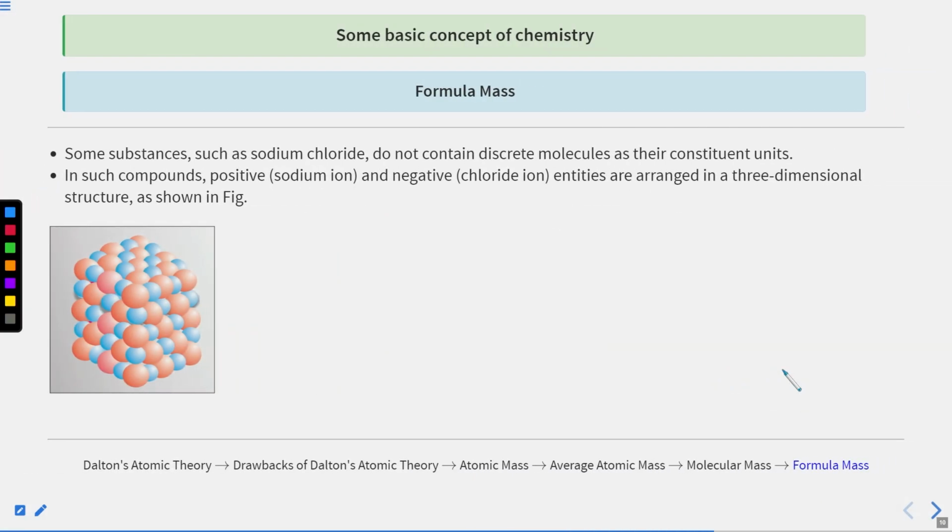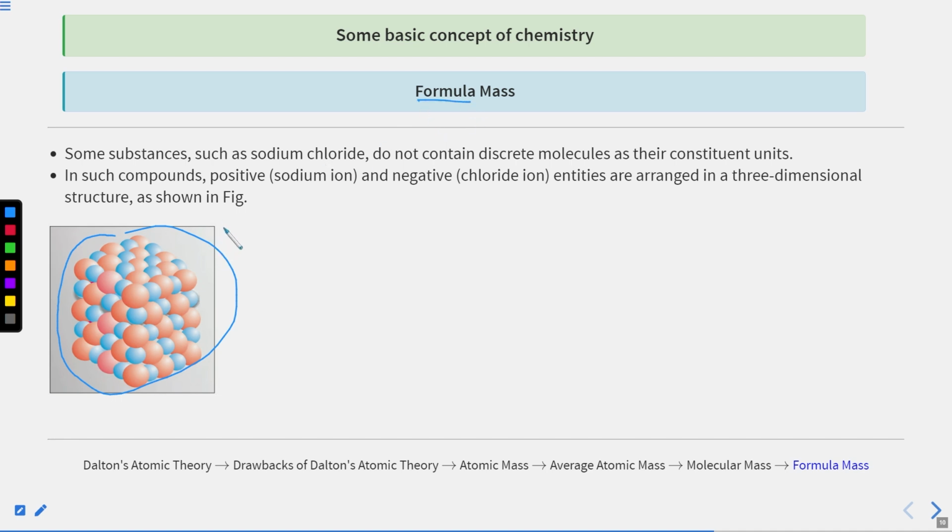Next is formula mass. What is formula mass? So far we have seen molecular mass, which was defined for molecules. Formula mass is defined for ionic compounds, because ionic compounds do not form molecules. They form a closed 3D structure, so for that we use the term formula.